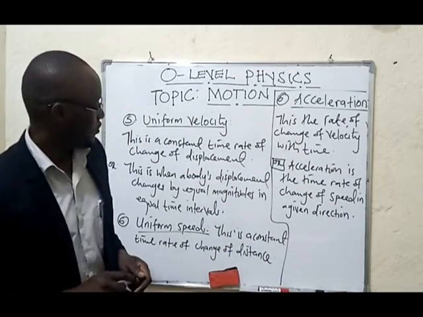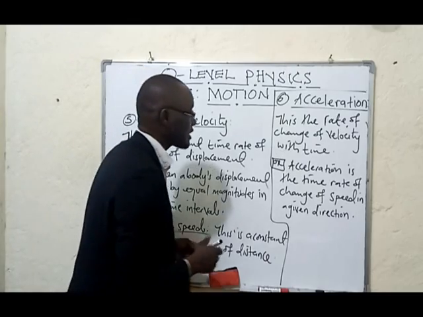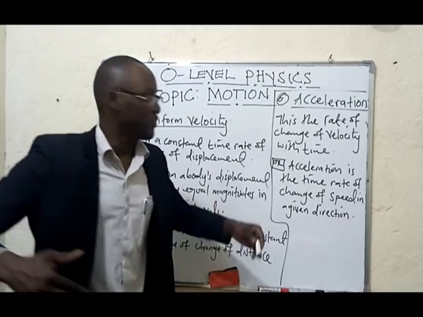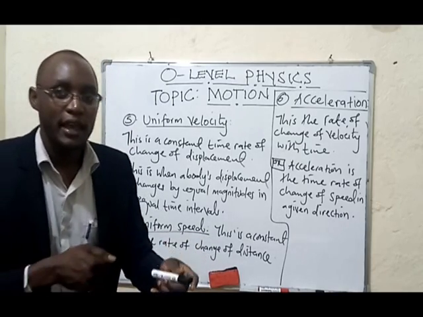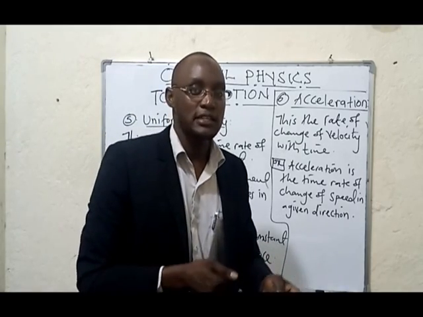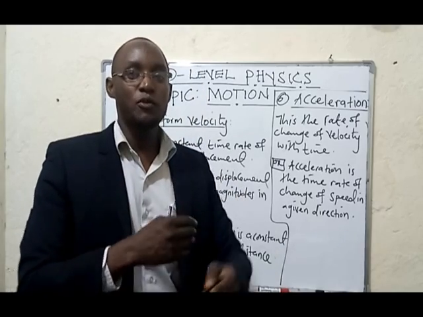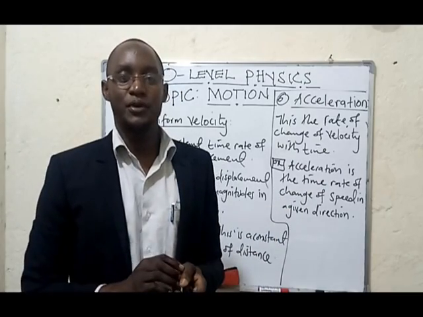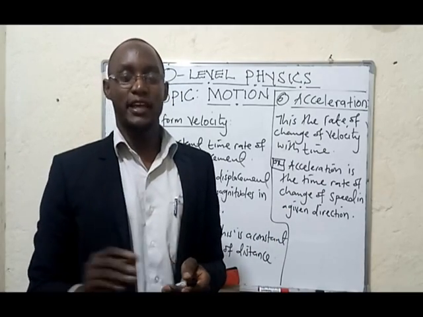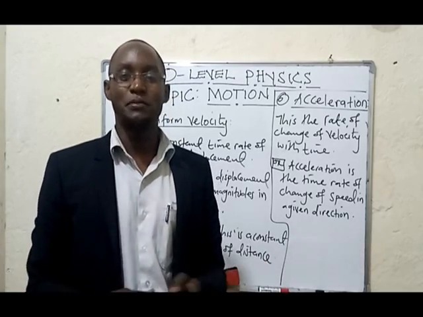Very wonderful. So by definition, since acceleration involves change in velocity, assuming a body starts with a velocity u, that is starting velocity, and as it moves, the velocity increases and goes to a maximum value, for example v, then there will be a velocity change as the time is elapsing.